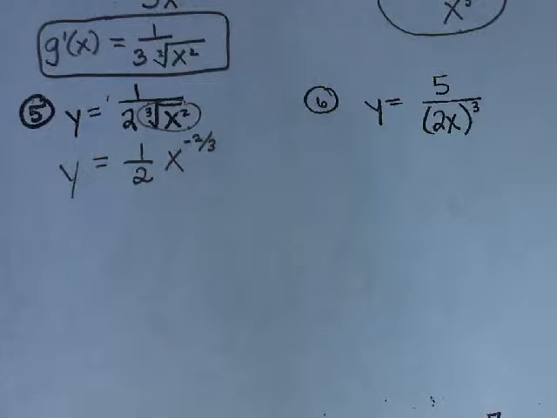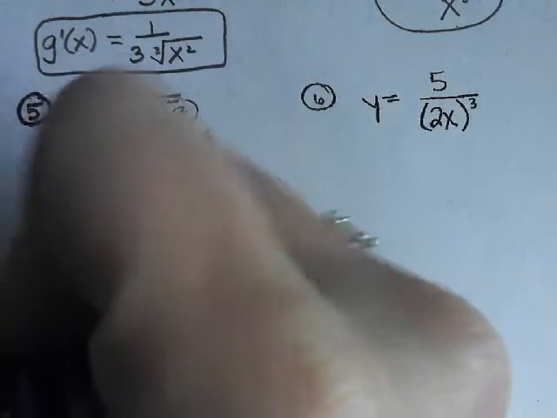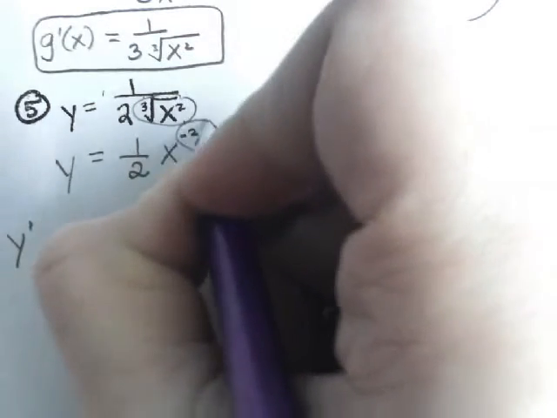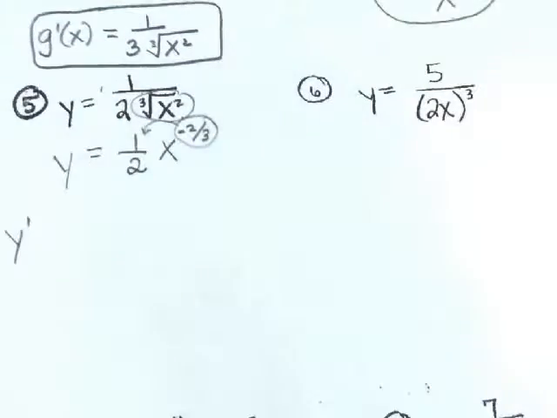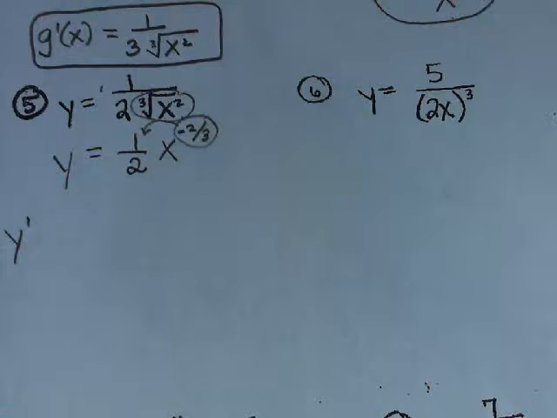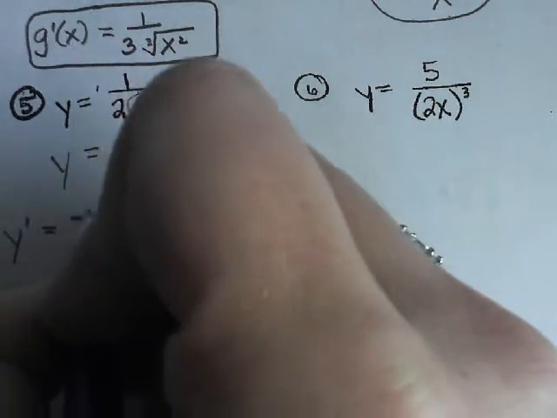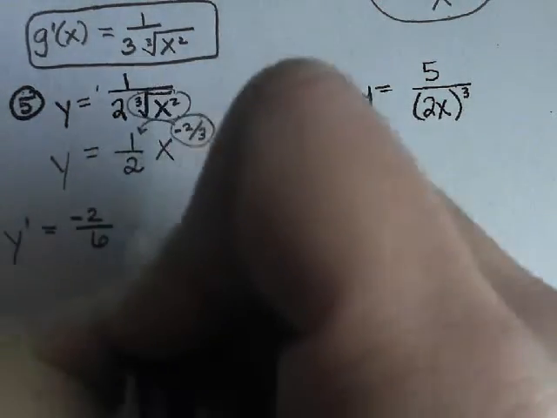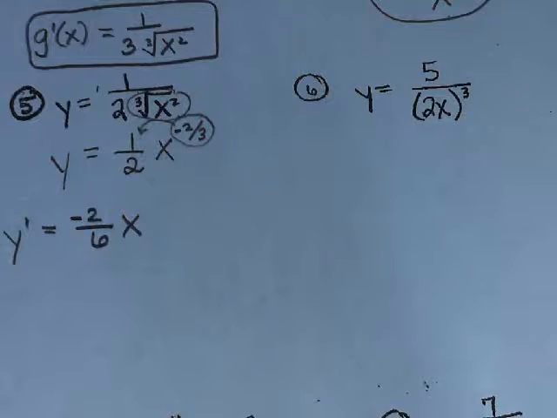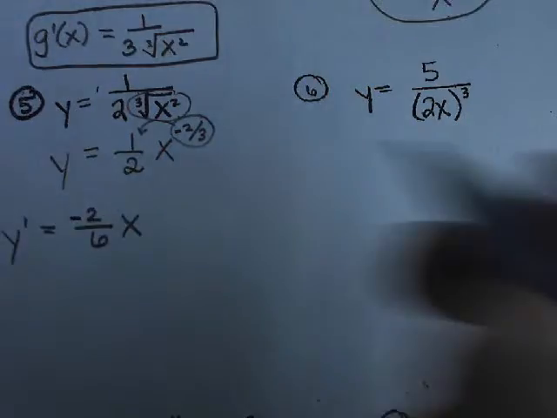Now I'm going to follow my power rule. So y prime, I'm going to bring my negative 2/3 out in front. Negative 2/3 times 1/2 is negative 2/6, which we'll clean up in a minute. And then what's negative 2/3 minus 1? Negative 2/3 minus, yes, negative 5/3.